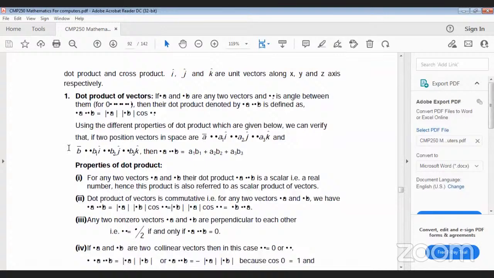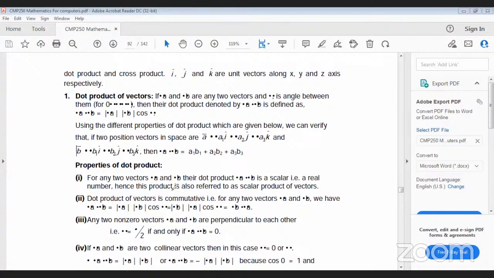If you need to find A dot B, it equals A1B1 plus A2B2. Here we don't use cross, we use dot. So i dot i is 1 and i dot j is 0.